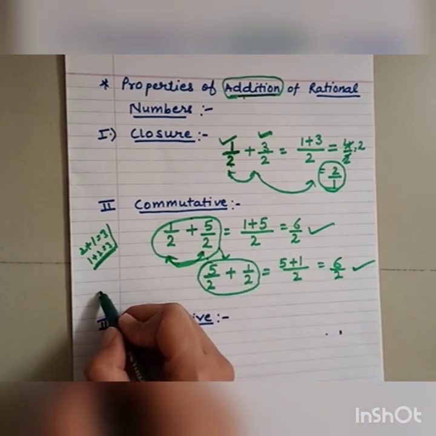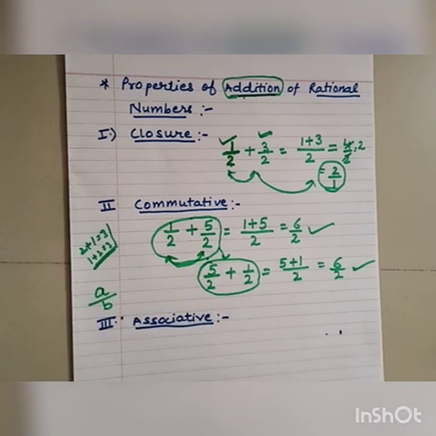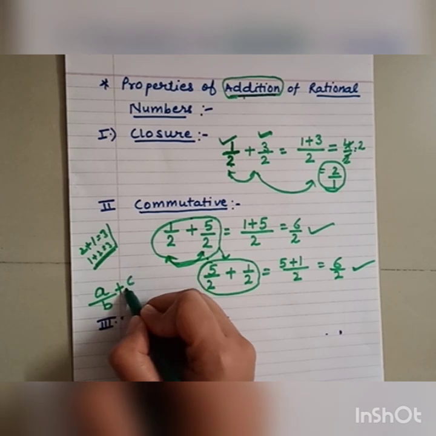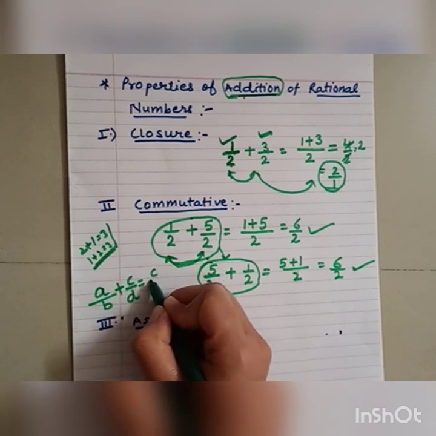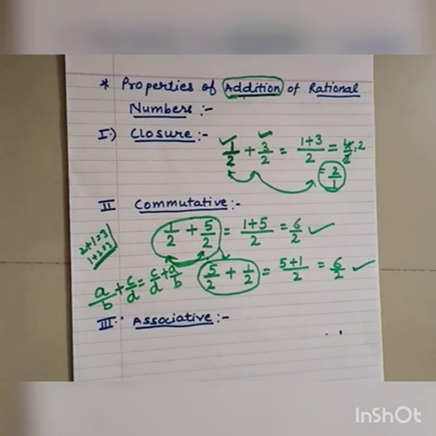In general, you can write it as a by b plus c by d is equal to c by d plus a by b. When we add two rational numbers in any order, this is called the commutative property.